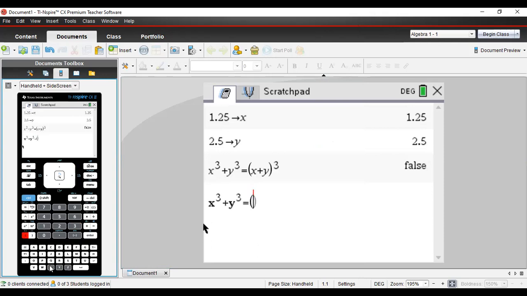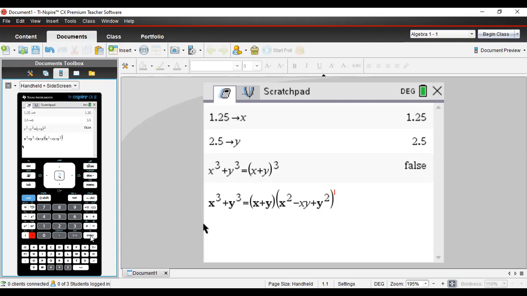Parentheses X plus Y, parentheses, and then we have parentheses X squared minus XY. Now I'm going to enter this exactly how the test has it, but I'm going to get an error message, and then I'm going to show you how to fix the error message because you got to learn how to do that as well.